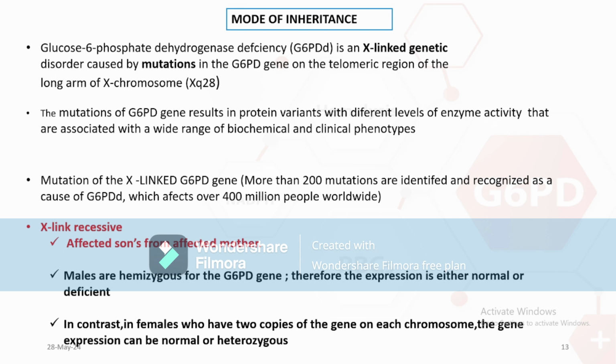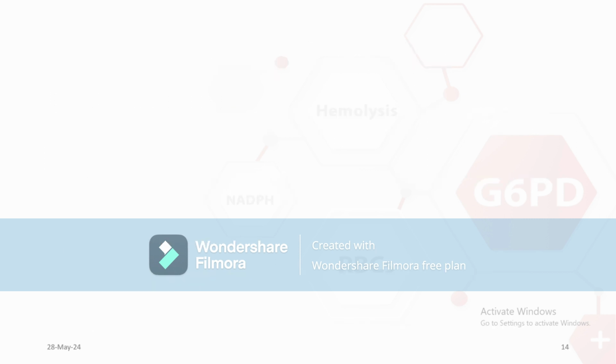So it's either deficient or normal. In contrast, females have two copies of the gene, so the gene expression can be normal or heterozygous. It may be there, but the condition may not show.